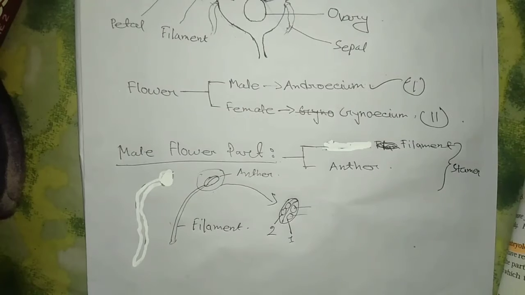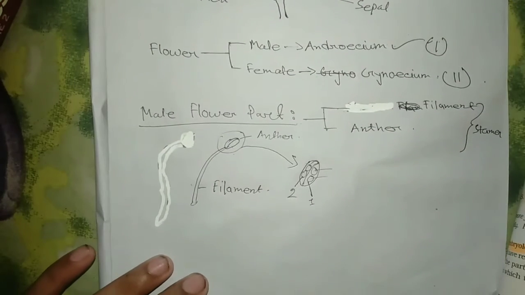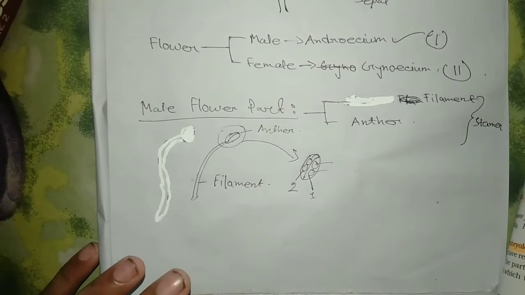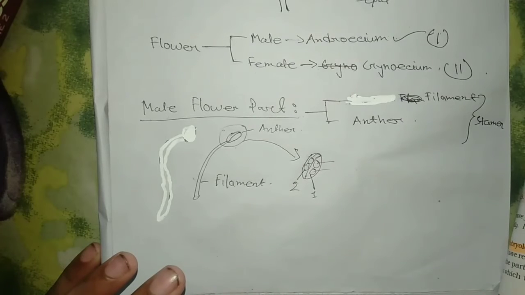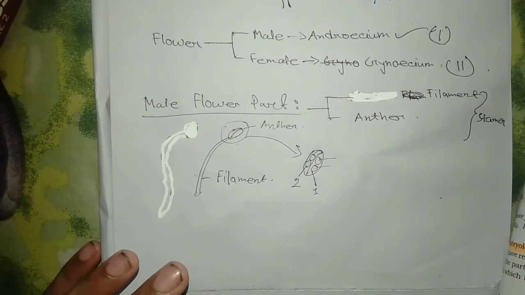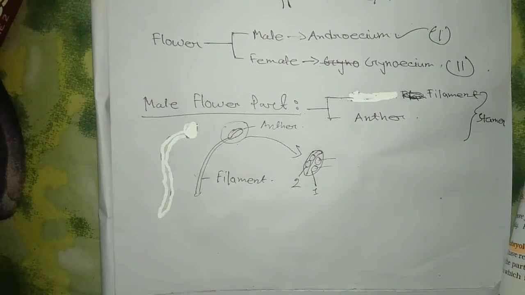So we can say that each lobe is dithecous, because each lobe has two theca.